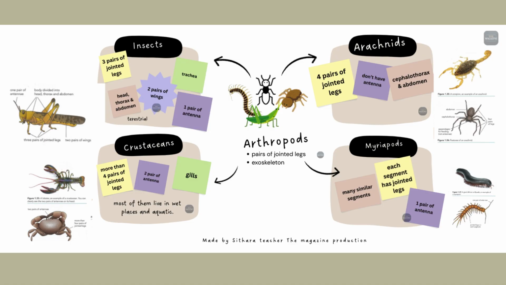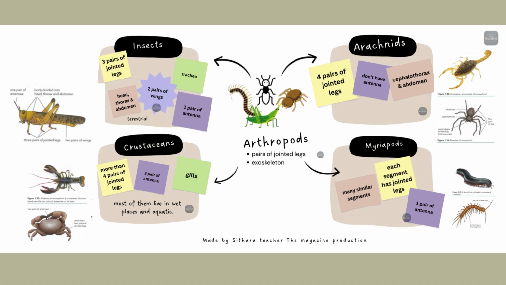Now let's move to the first subgroup. Under arthropods, the first subgroup is insects. They have three pairs of jointed legs. Keep in mind, according to the number of pairs of legs, we can categorize them into their subgroups. Insects have three pairs of jointed legs, and they have a trachea.